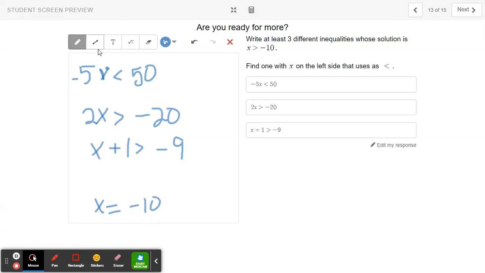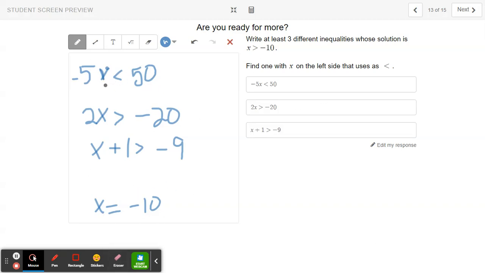So I know negative 5 times negative 10 equals 50, right? And that's how I got these numbers first. I just came up with things where x would have to equal negative 10. Then I went ahead and solved on both sides of negative 10.